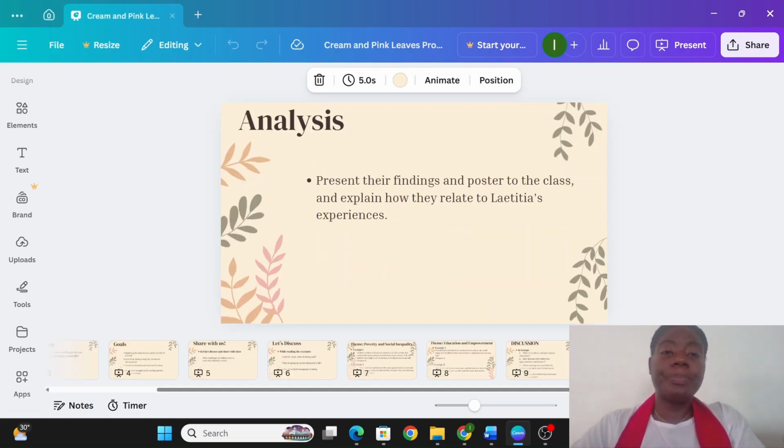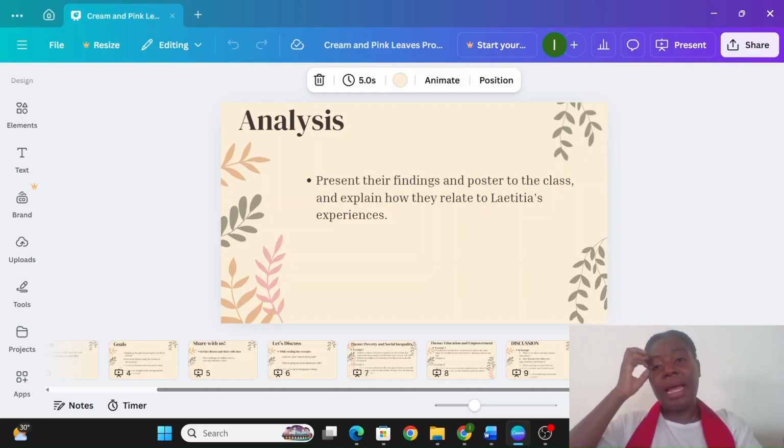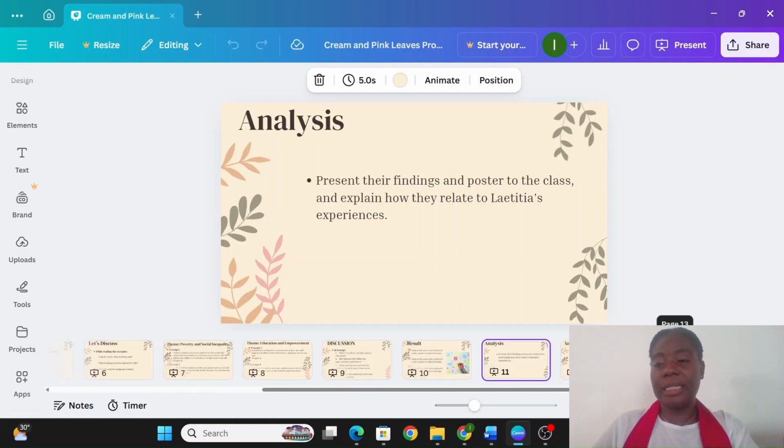You can also have them present their findings on a poster here. So the activity is for them to present their findings on a poster to the class. For this poster you will be using cardboard and sticky note pads to help the students interact with what is happening and to also help them to be engaged in the lesson.